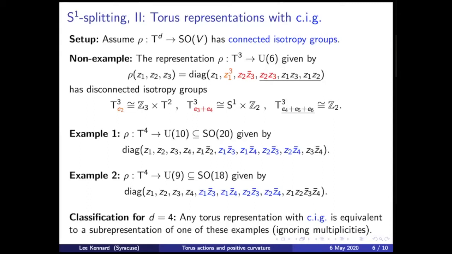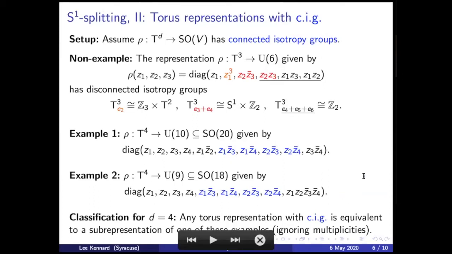For T3, there's just one. It's the natural subrepresentation of this one. For T4, there's 2. For T5, we've also done this, and there are 4 different representations. But that's it. This is a really strong property.